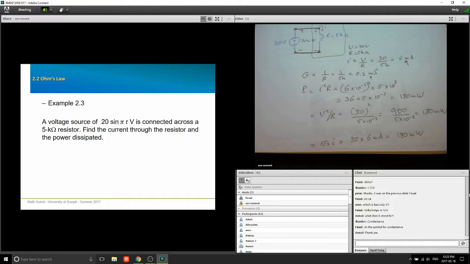Another example, a voltage source of 20 sine pi t volts is connected across a 5 kilo ohm resistor. Find the current through the resistor and the power dissipated. Okay.